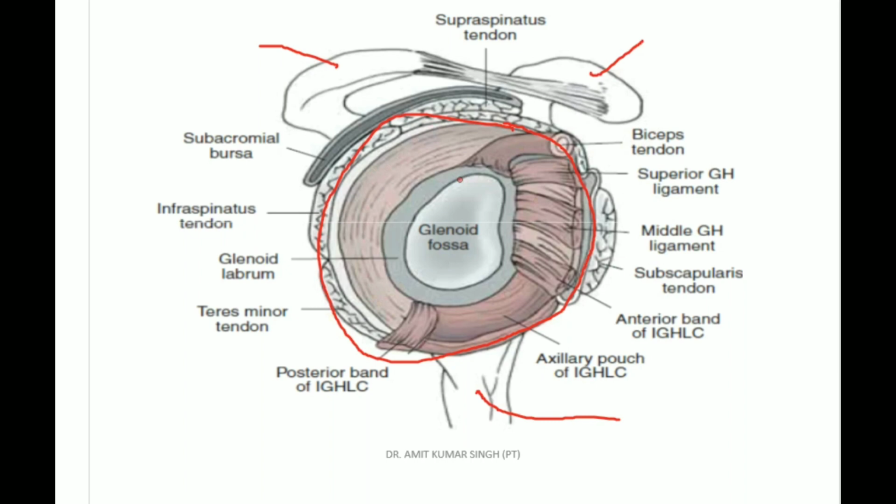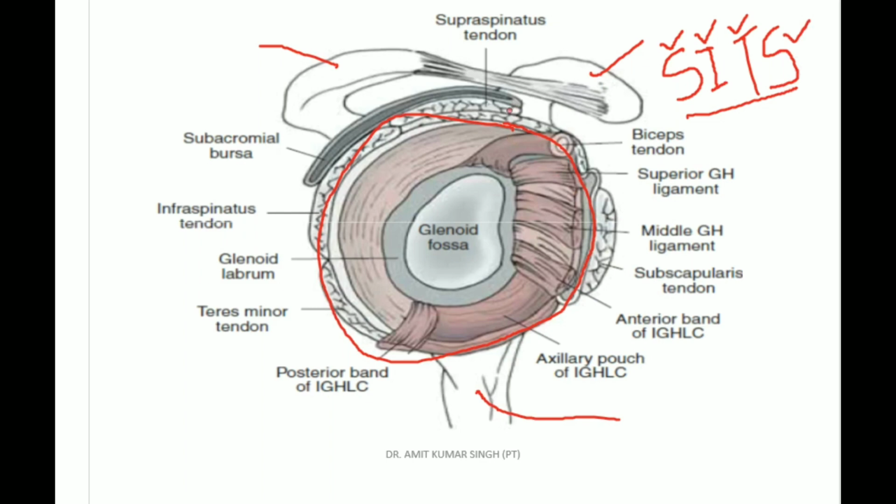As all of you know, there are the rotator cuff muscles, and we have a mnemonic for that, SITS. S represents supraspinatus, I infraspinatus, T teres minor, and S is for subscapularis.